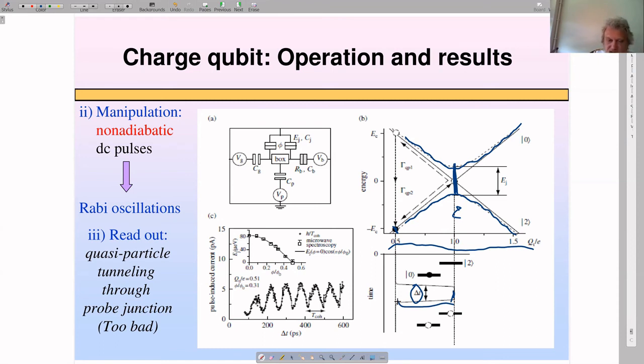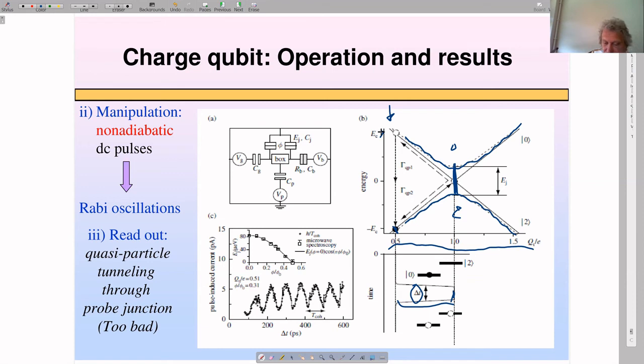And now there is a readout coming. If the system is in state 0, and if you come back with this voltage setting, it will be here, and that energy is big enough for a quasi-particle to tunnel out of that junction. So one has an electric signal.